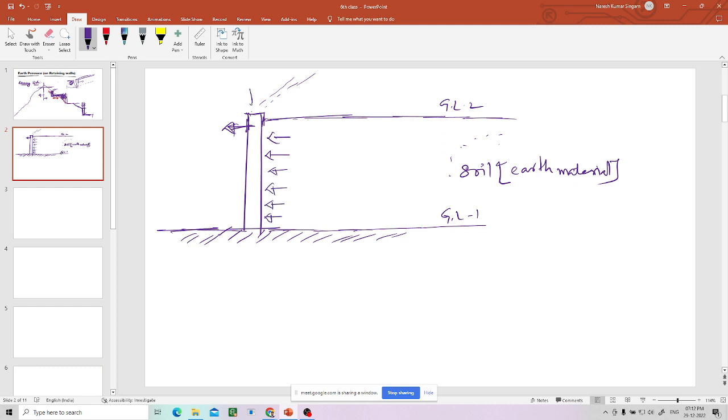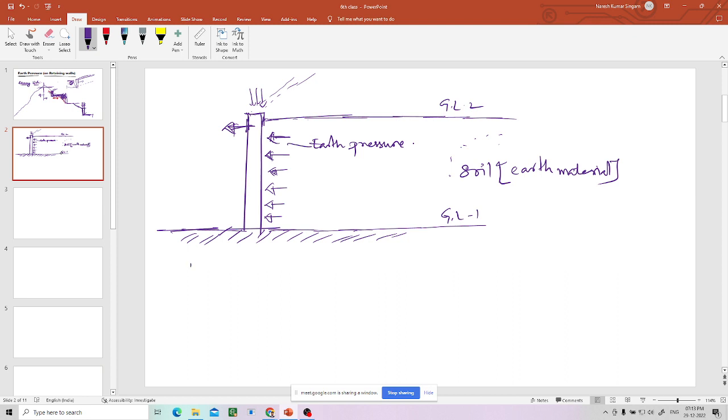It cannot exert pressure in the other direction, of course, because soil is behind it, so it will push the wall in this direction. Now this pressure which is coming from the soil, which is earth material, that's how the pressure exerted on the wall is called earth pressure.